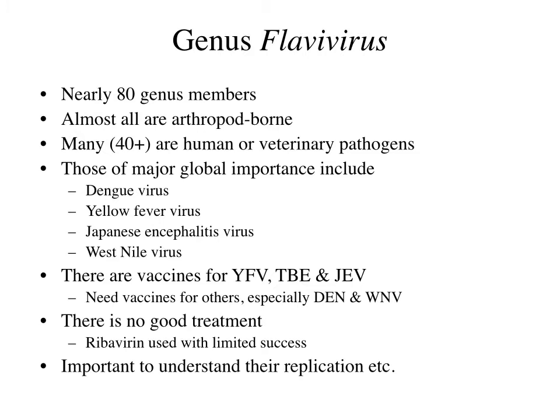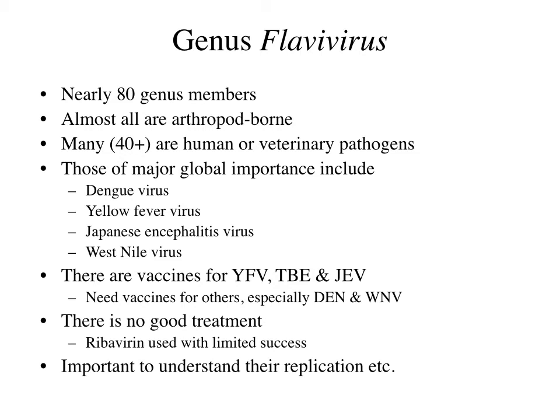Now let's go through the three genera within the family Flaviviridae. First, let's talk about the genus Flavivirus. There are about 80 members in this genus. They're almost all arthropod-borne.